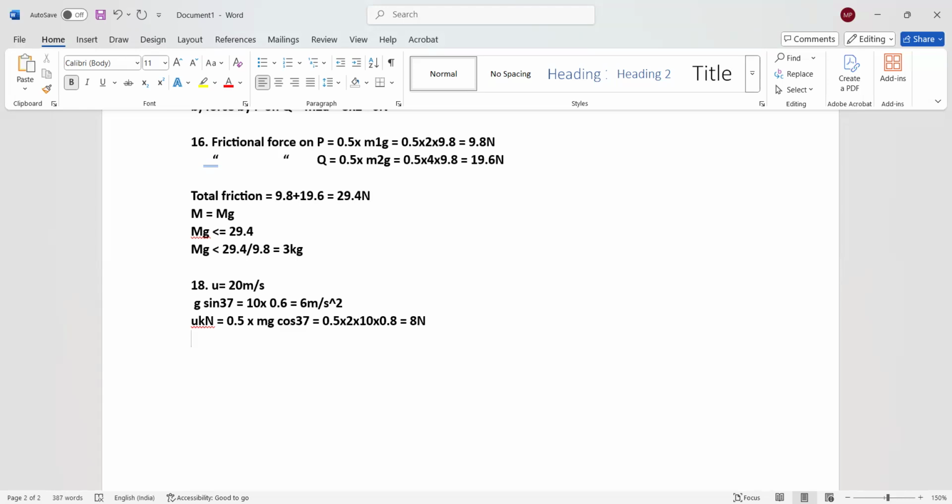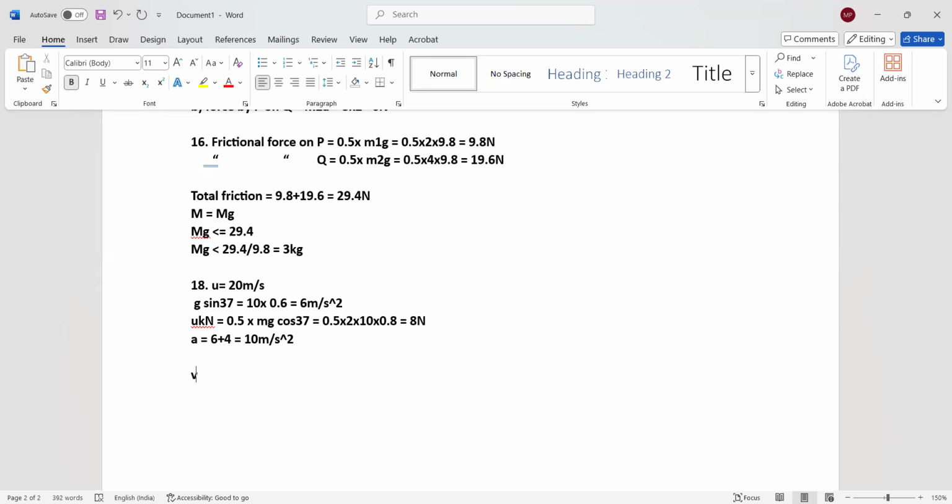Now total acceleration, that is A is equal to 6 plus 4, which is equal to 10 meter per second square. This is because both gravity and friction act in the same direction.